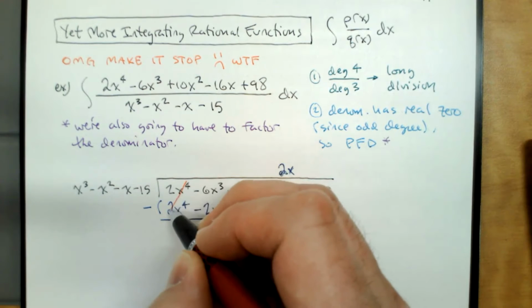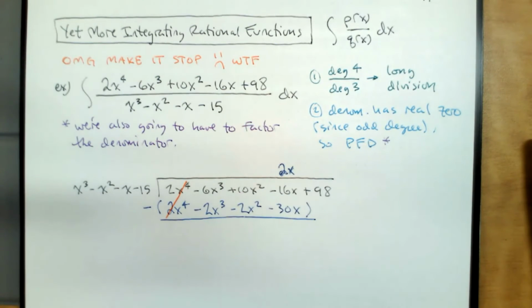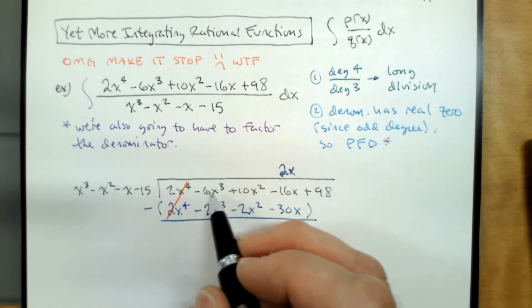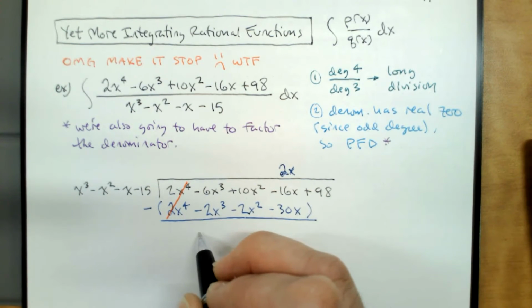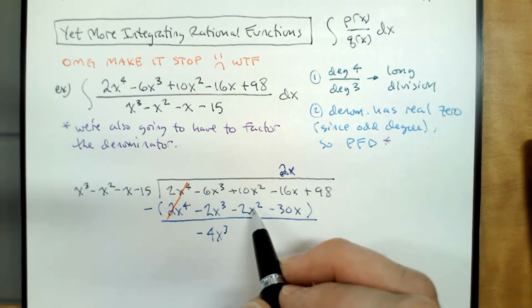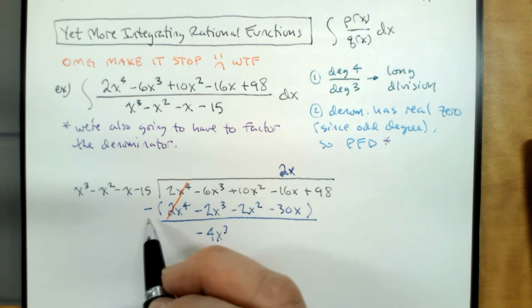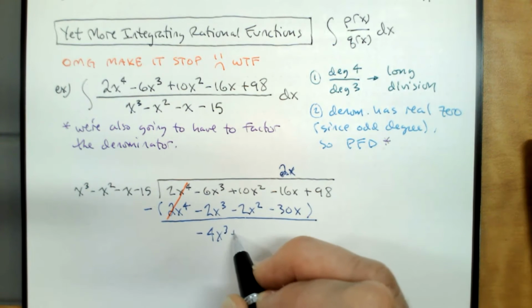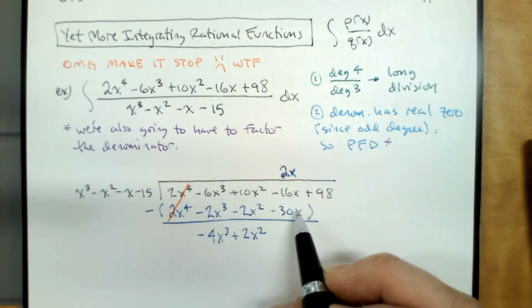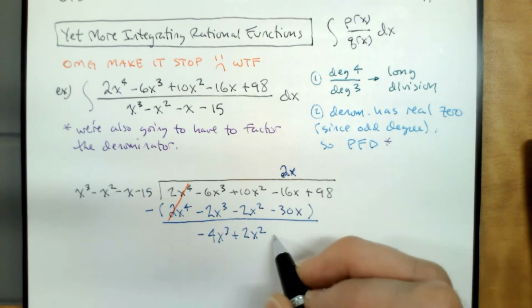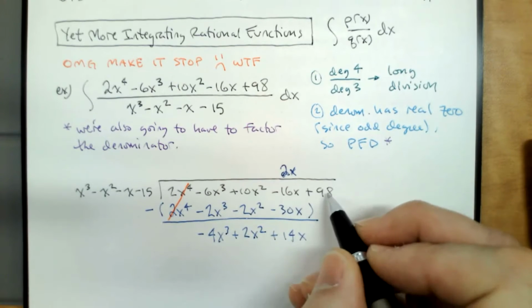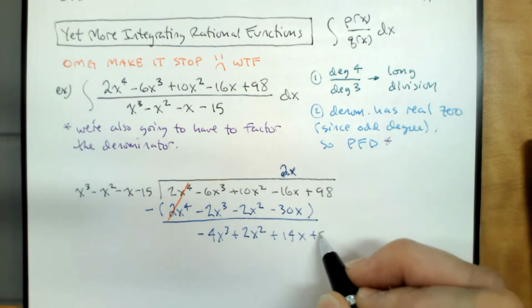That's by design. If that didn't happen, then something has gone wrong. Then we have to remember we're subtracting. Negative 6 minus a negative 2 is negative 6 plus 2. So that's negative 4, x to the third. 10 minus a negative 2 is 10 plus 2, or 12, x squared. Negative 16 minus negative 30 is negative 16 plus 30. So is that 14? 98 minus 0 is 98.